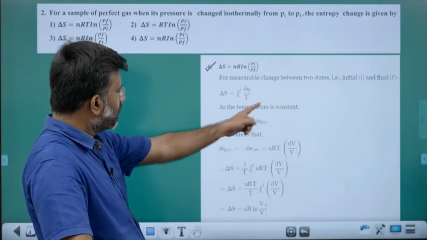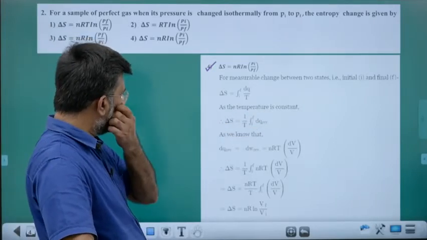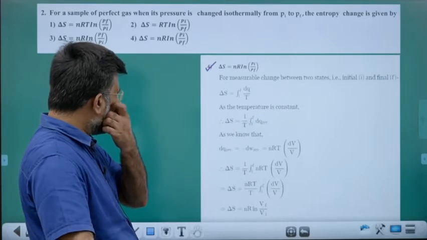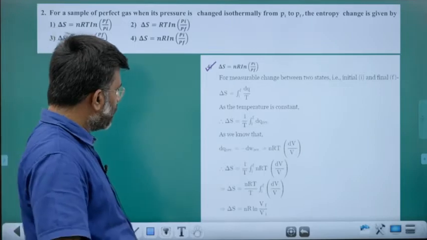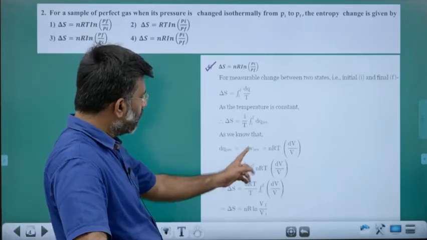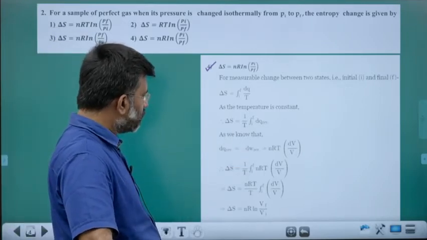And as the temperature remains constant, you get it like that. And when you substitute Q reversible, that is, Q reversible will be minus work reversible.